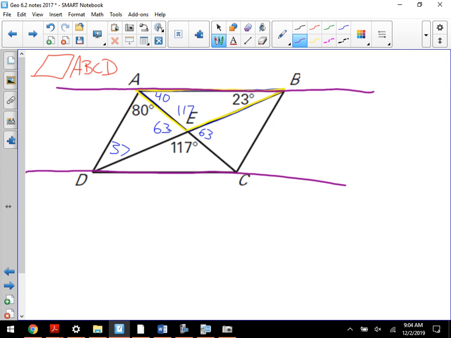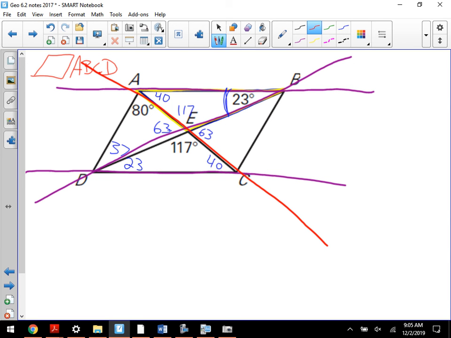Which means, isn't this a transversal? So if this is 23, what does this have to be? There's 40, which means this side is 40 here.